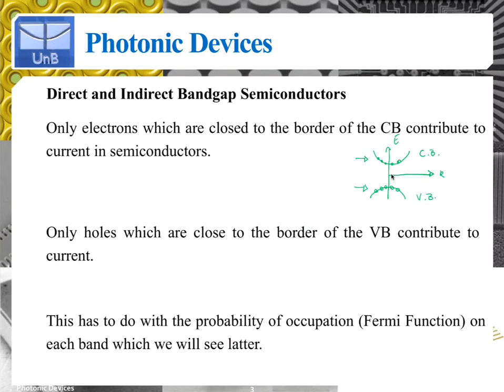Well, this is due to the fact that the probability of occupation of these states close to the border are much larger than the states which are far away from the border. So there will actually be only electrons here, and therefore they will be the only ones that will be able to move around through the solid, through the lattice, and the same goes for the holes.